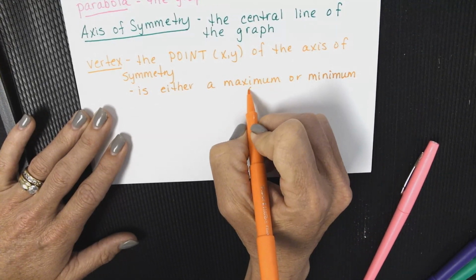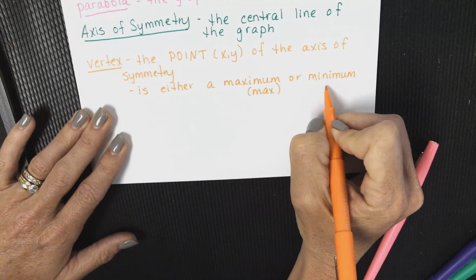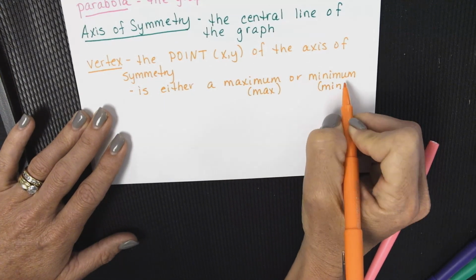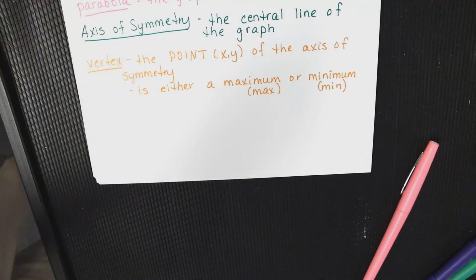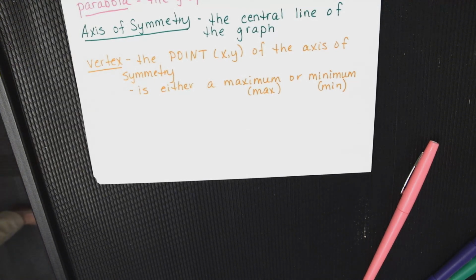And I simply say max or min. More overlap. So we have quadratic function, standard form, parabola, axis of symmetry, and vertex. There's one more thing.